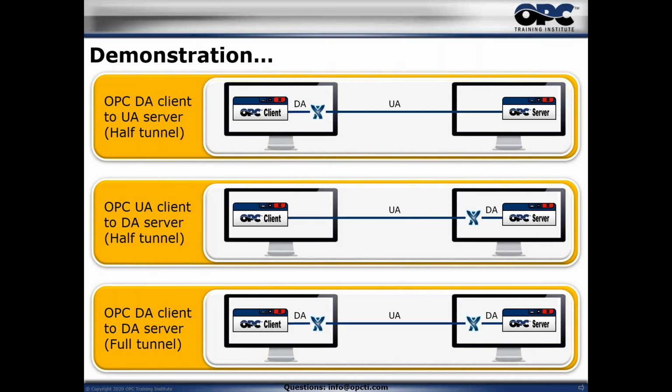Bogdan, half tunnel, server side is not too clear for me. Can we revisit quickly, please? Oh yeah, half tunnel on the server side. So what this is really doing, Bogdan, is taking OPC DA locally and sending out OPC UA. So this client here actually sees a UA server.